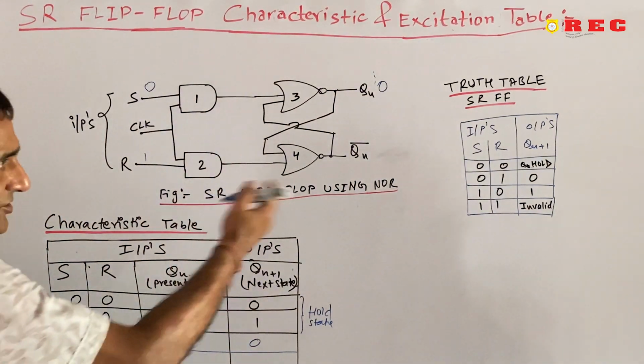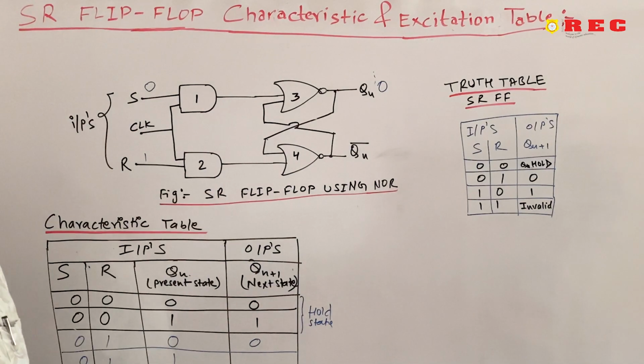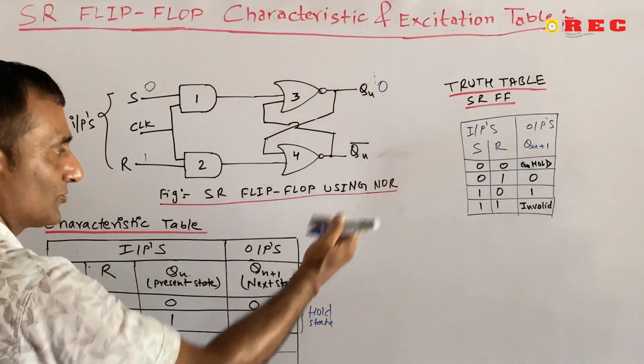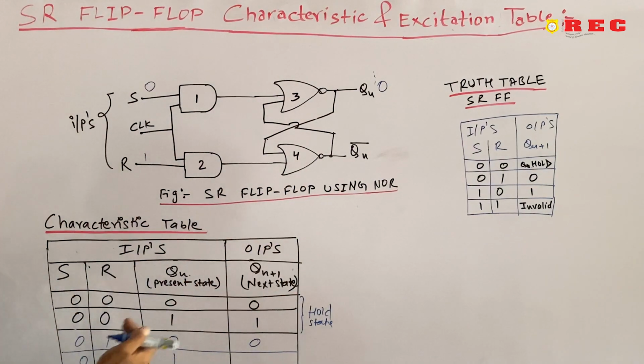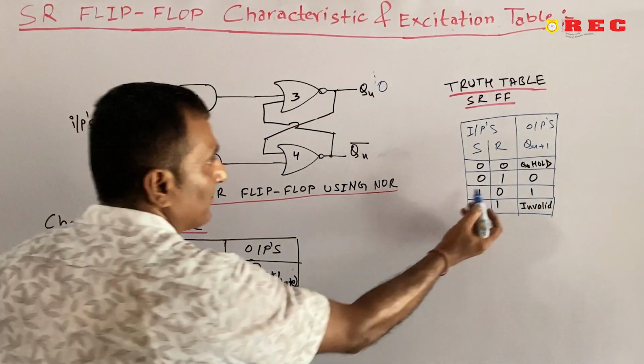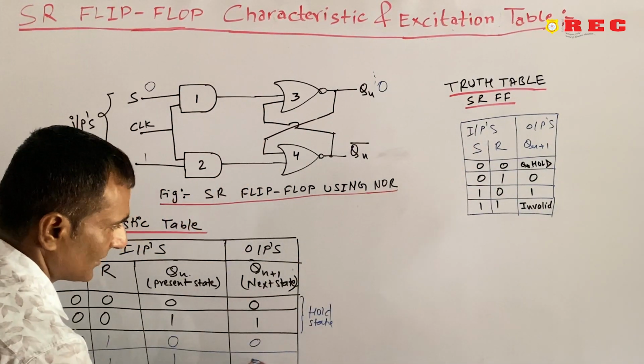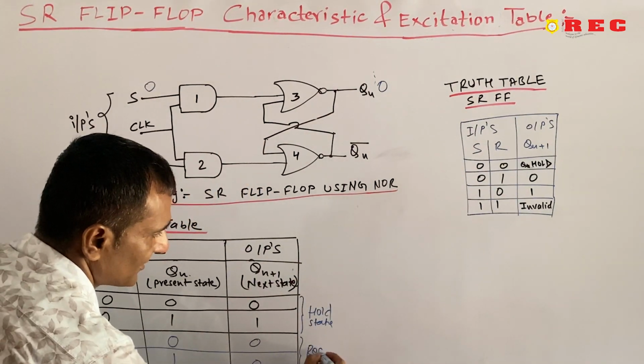Already I have studied this in the clocked flip-flop. So finally that was the truth table, and from that truth table this characteristics table is going to be developed. Again, S is equal to 0, R is equal to 1, and suppose the present state is 1. What is happening? 0. And this condition we will call the reset condition.